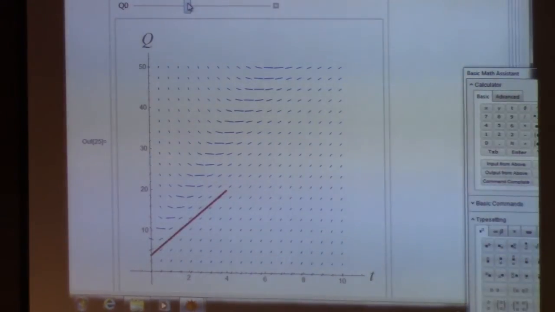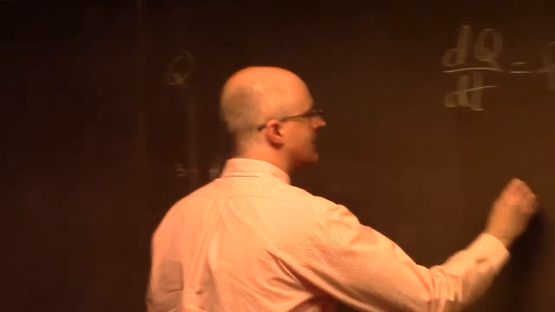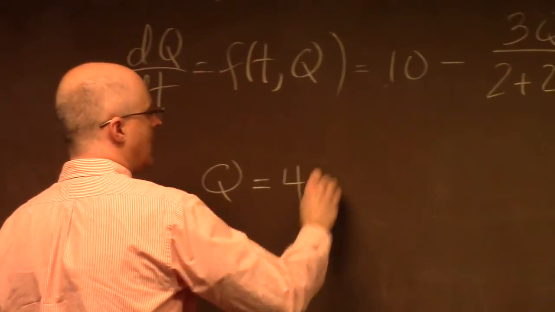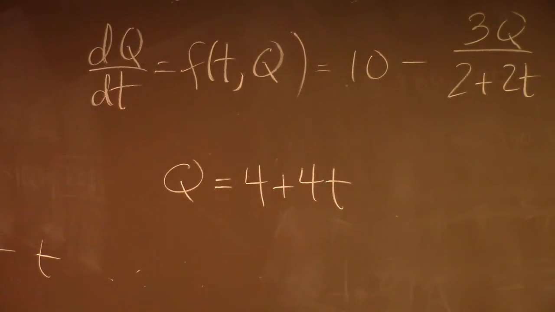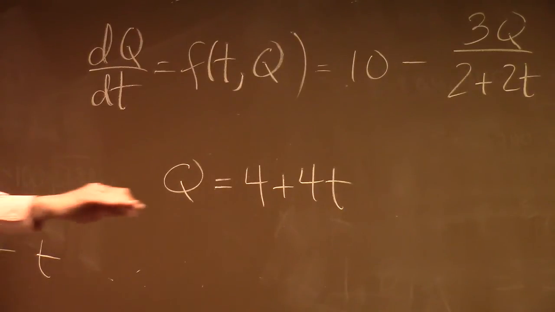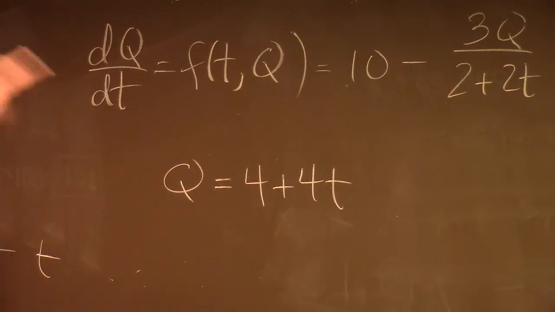I claim Q equals 4 plus 4t solves the differential equation. It's the only straight line solution. It's not an equilibrium solution because it's not constant, it's not horizontal, it's slanted. But it is a solution whose graph is a straight line. It is a linear solution.